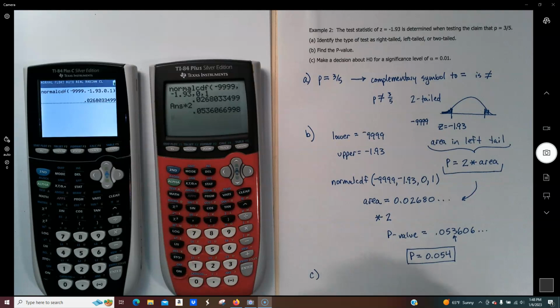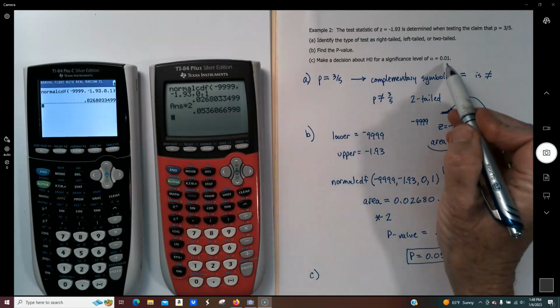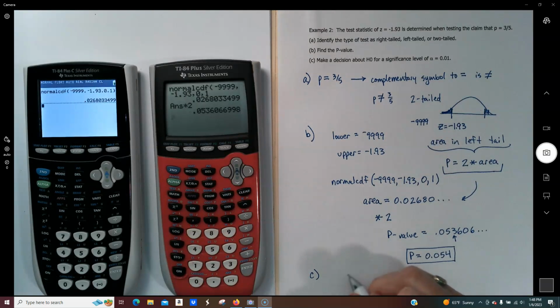Now we need to look at our decision. Right, so again, we want to compare the p-value to alpha, which in this case is 0.01. If p is less than or equal to alpha, reject the null. If p is greater than alpha, fail to reject the null.